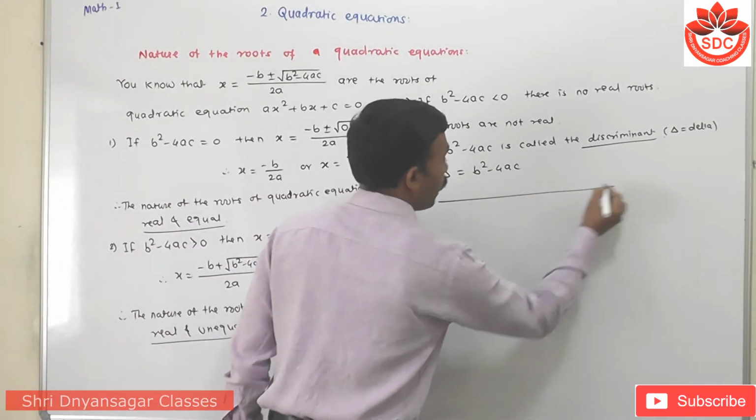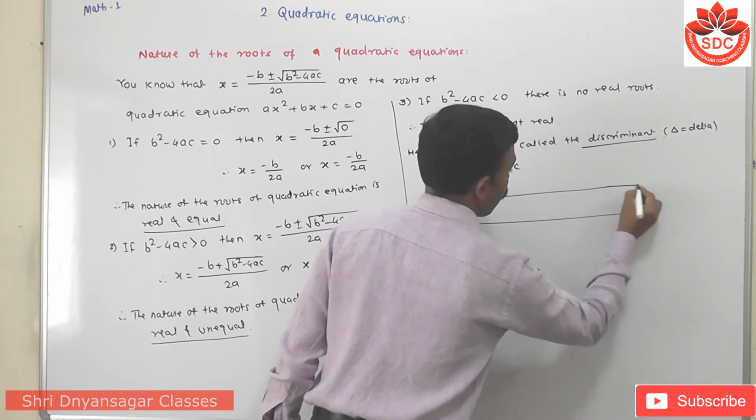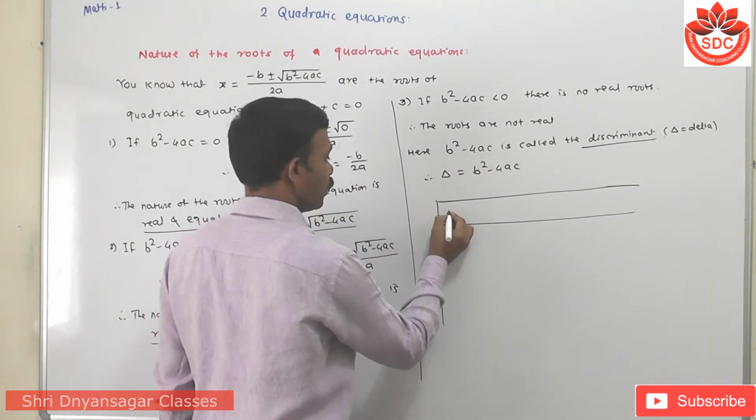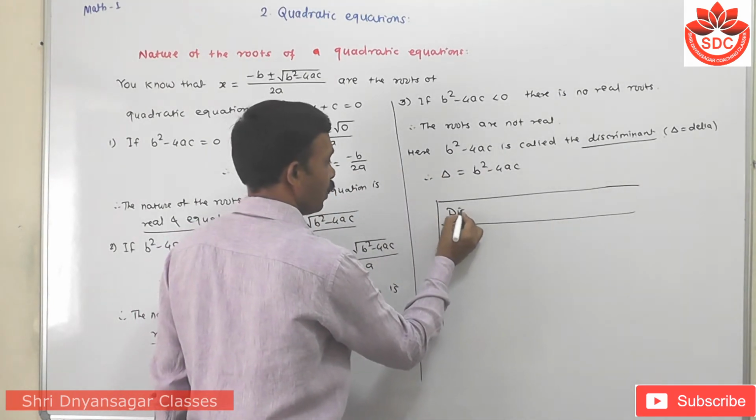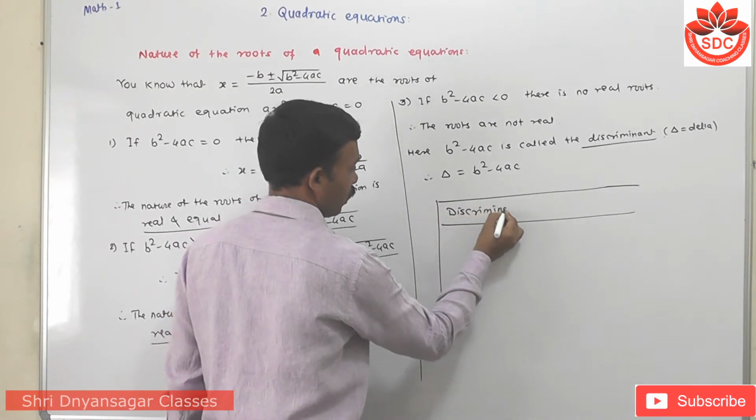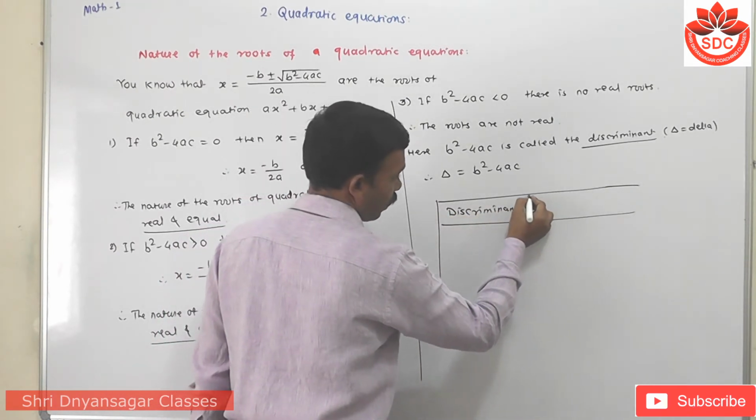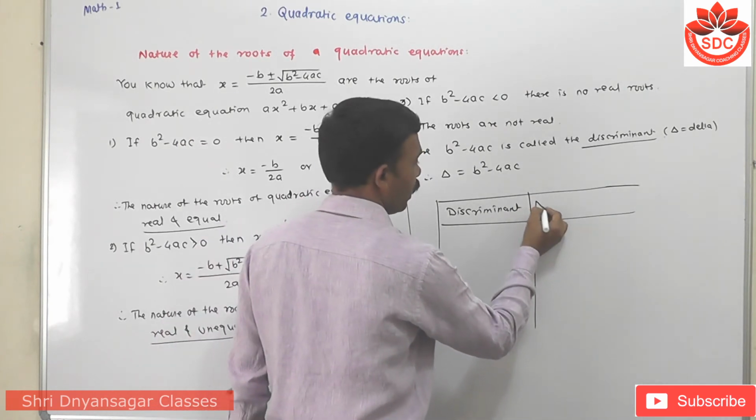Now here we take, suppose, the value of the discriminant, and here we take the nature of the roots.